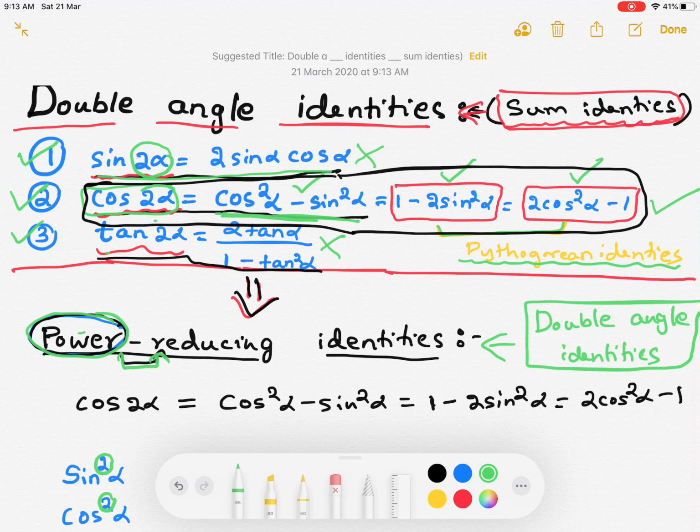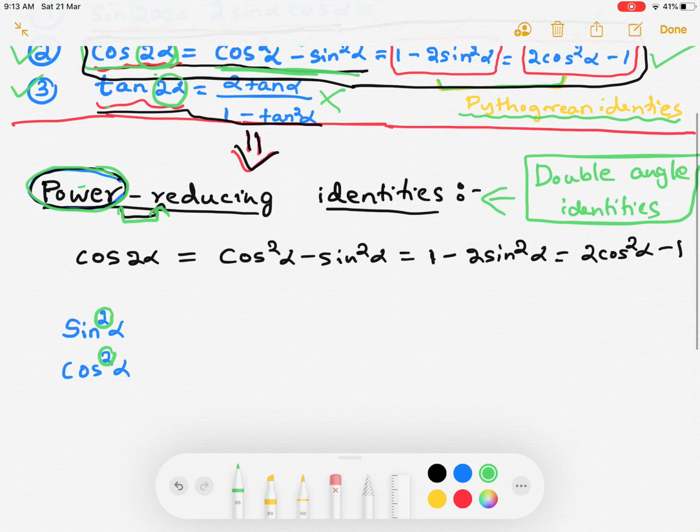Here you can see double angle, 2 alpha. Here power. Now sine square alpha, cosine square alpha and tangent square alpha. We can see the formulas for this.